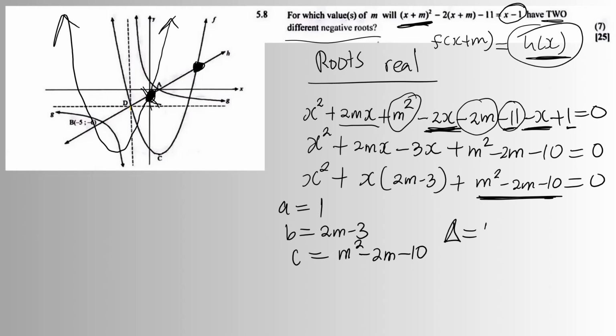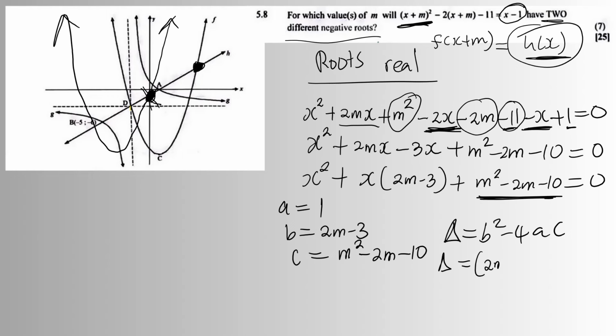Delta is equal to b squared minus 4ac. In this case, we know that these roots are real because they're saying they must have two different negative roots. So we know that delta must be greater than 0 for us to get real roots. So I go to my equation of delta and substitute.